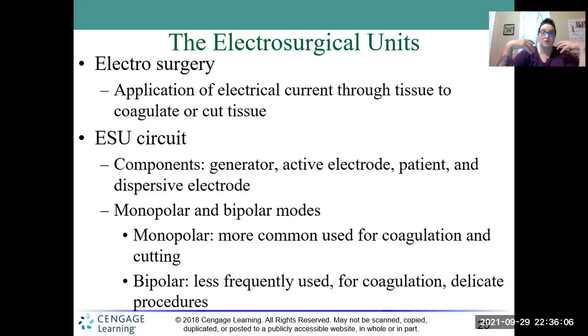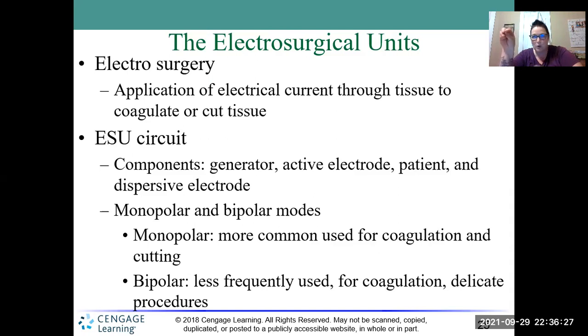We have 2 different modes. We have a monopolar mode, so that is going in one direction basically, and it's used more for cutting. And then the bipolar, and that's not used very much.